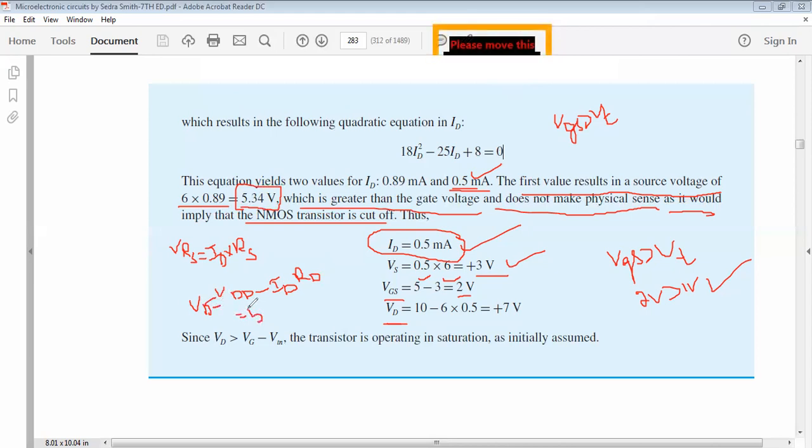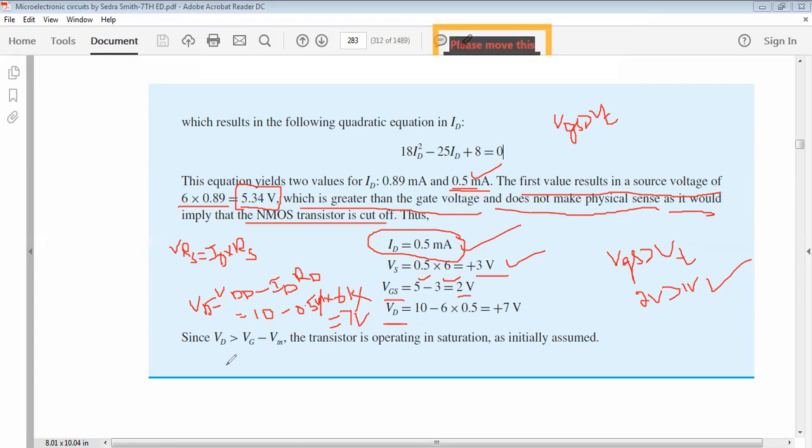VDD value is equal to 10, minus what is ID? ID is equal to 0.5 milli and RD is equal to 6K. K and milli get cancelled. That is equal to 7 volts.